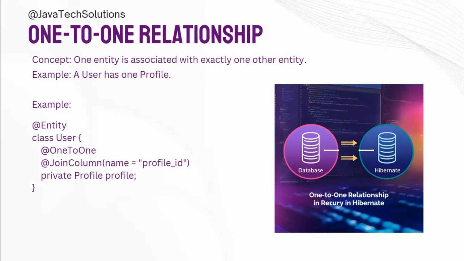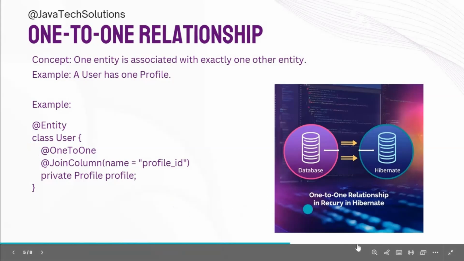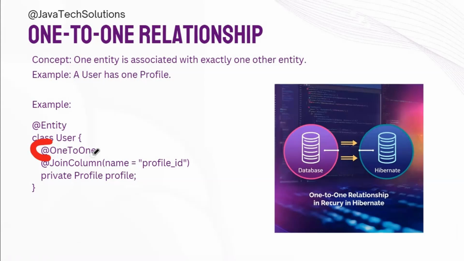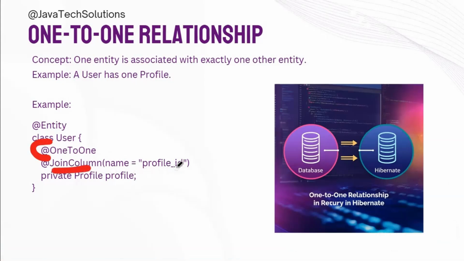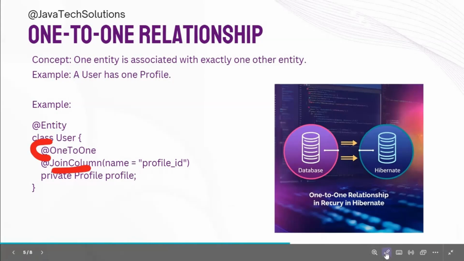Now if we talk about how we are going to implement one-to-one in JPA, obviously we can use @OneToOne, as you can see over here. In this way basically we can use it, and here the @JoinColumn is used for defining the foreign key of this profile table.